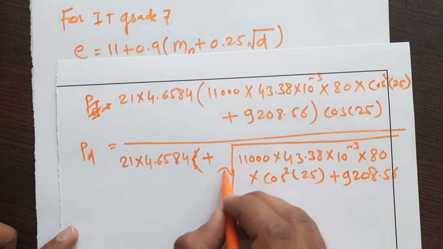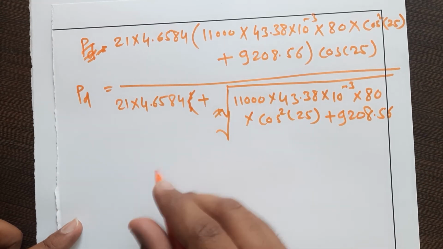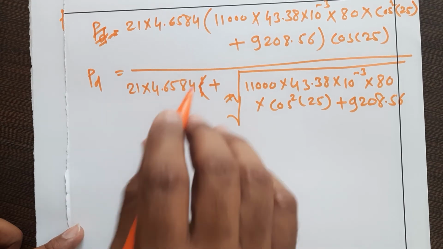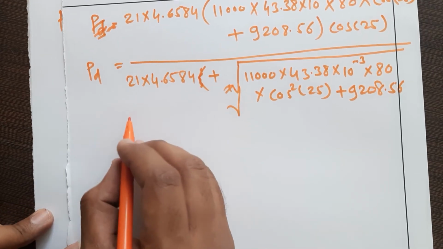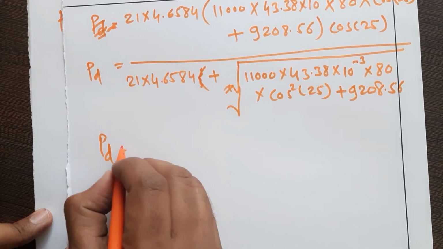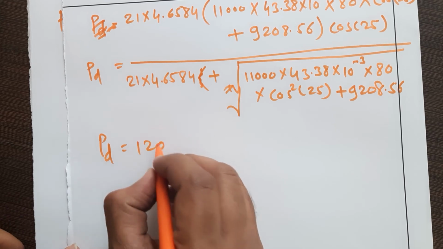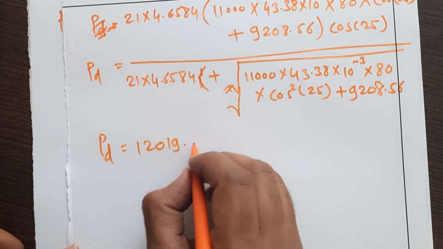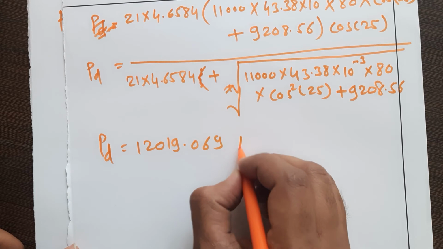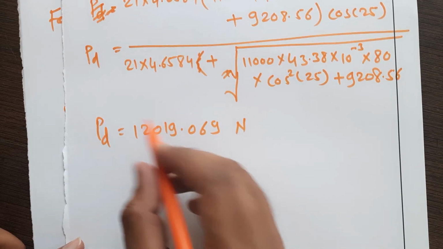This complete term is under the root. If you simplify it, you will get the dynamic load PD as 12019.069 Newton. So you can solve it.